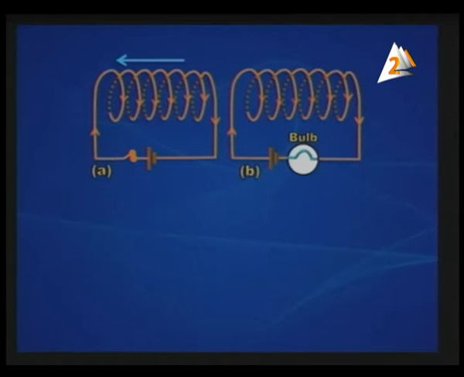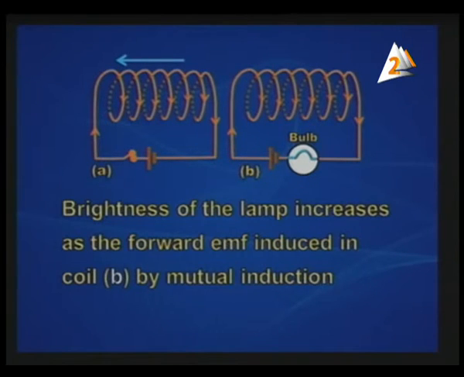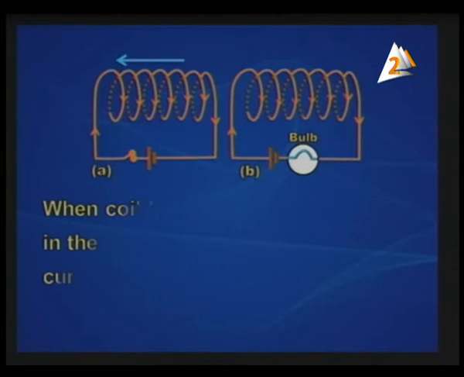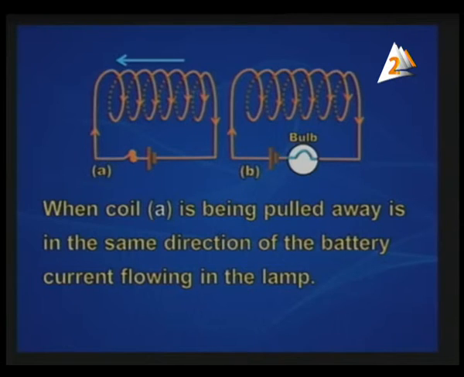The brightness of the lamp increases as the forward EMF induced in coil B by mutual induction, when coil A is being pulled away, is in the same direction as the battery current flowing in the lamp. So brightness increases.